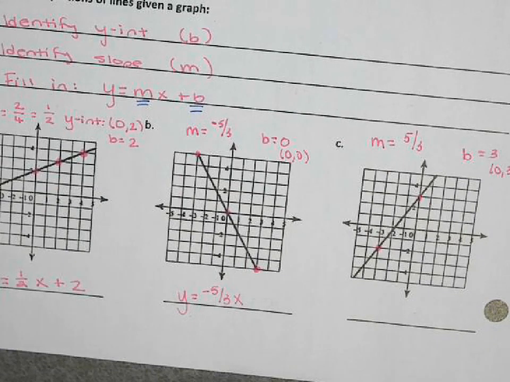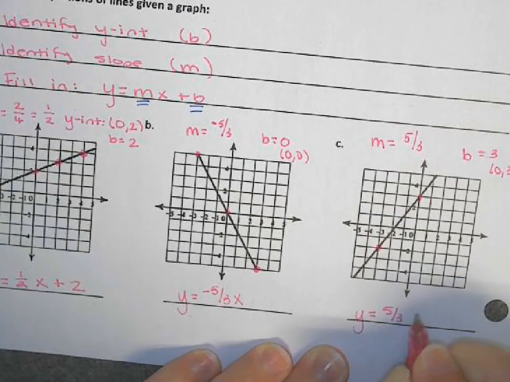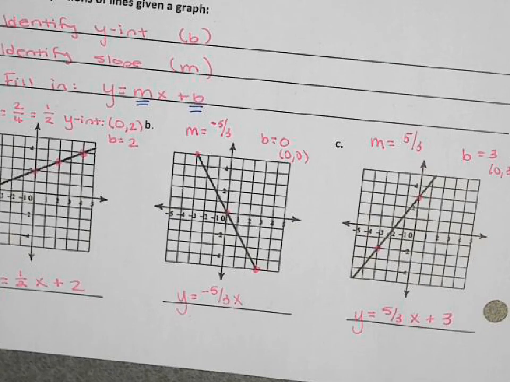Then for this one, y equals mx plus b, so y equals 5/3 x plus our b value, 3. So y equals 5/3 x plus 3. So once we have the m and once we have the b, the last part is easy because it's just filling it in. Okay. Those are all of our notes today.